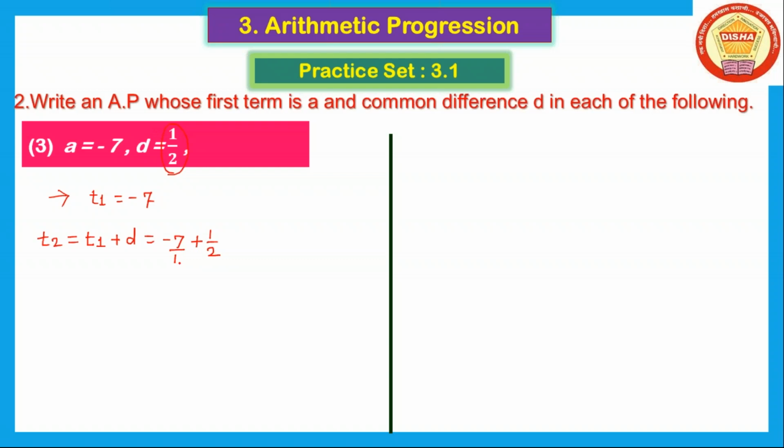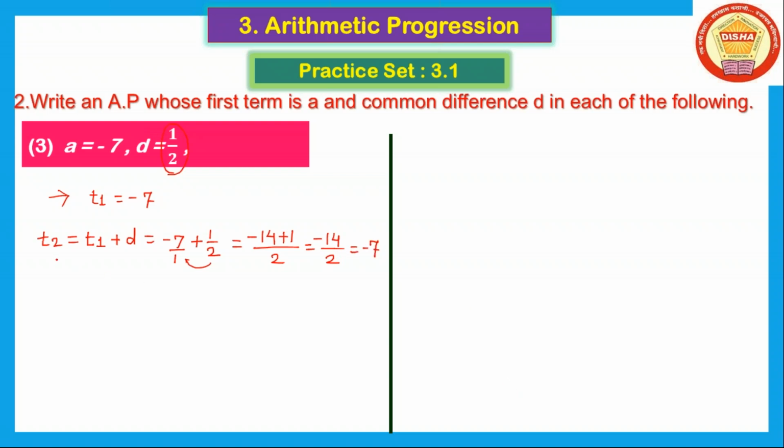So we take the denominator of integer as here 1. It is not equal. So again we do here cross multiplication. 7 twos are negative 14. 1 ones are 1, upon 2 ones are 2. Means negative 14 upon 2.